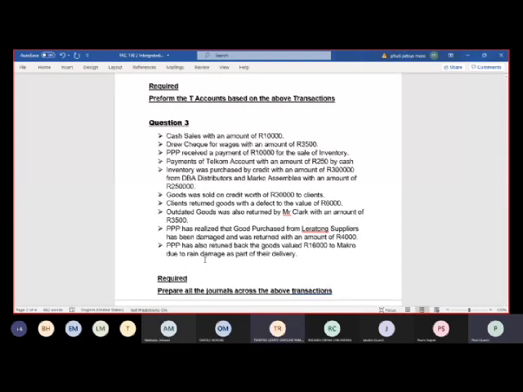It's a CPJ. We debit wages, and then credit bank.